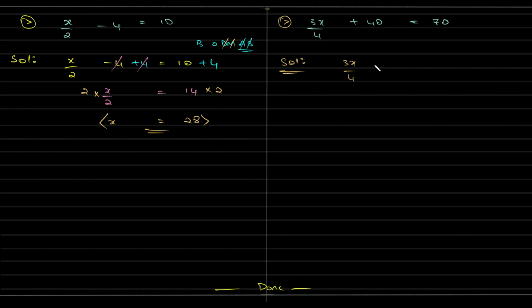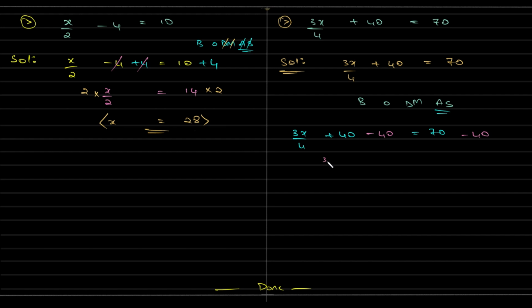3x by 4 plus 40 is equal to 70. So again, as per BODMAS, what should I do first? I'm writing the question. We need to add and subtract with stuff. What should I add and subtract with? I'm placing in negative 40 on both the sides.